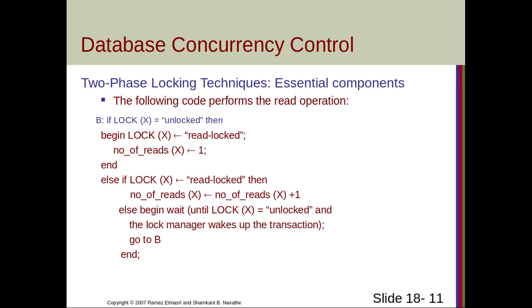That means number of reads x is assigned number of reads x plus 1. Else, begin wait until lock of x is unlocked, that means if it is already write locked, then it has to wait. Okay.